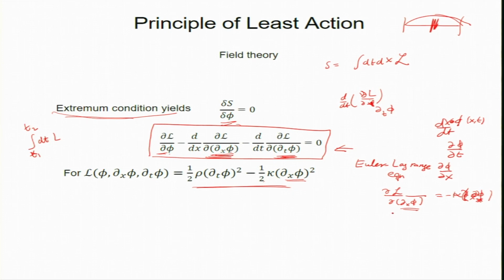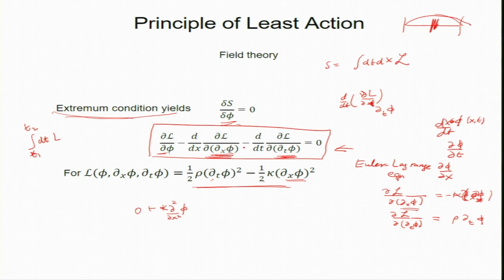Now, what about partial L partial d t phi? It is going to act on this, and again the same thing, rho d t phi. Substitute it here. So, the first term is 0, the second term, minus becomes plus kappa, the double derivative d by dx is coming on that. So, d by dx of d x phi.